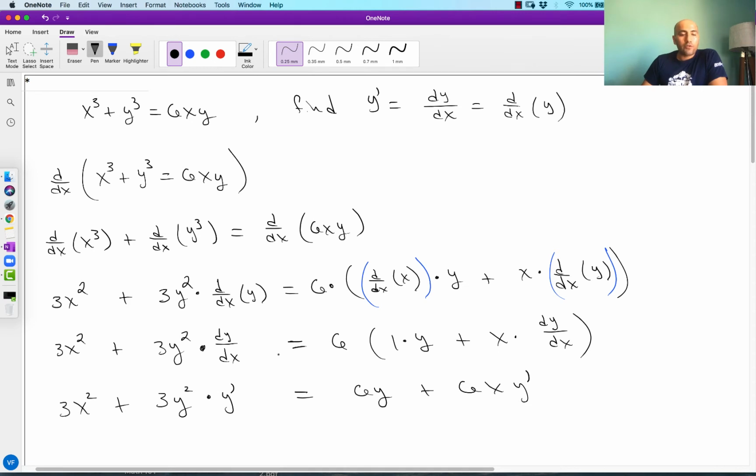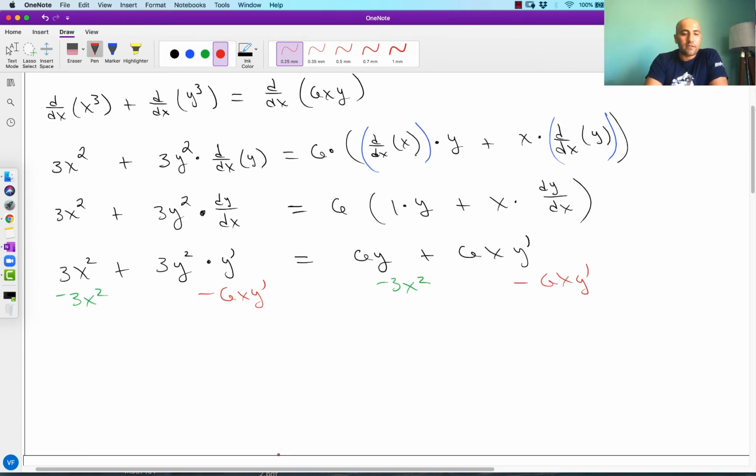Okay, so I'm going to move all the terms that don't have a y prime to the right side. So I'm going to subtract 3x squared from this side. And I'm going to subtract 3x squared from this side. And then I'm going to move all the terms that do have a y prime over to the left side. So I'm going to subtract 6xy prime on this side, and 6xy prime on that side.